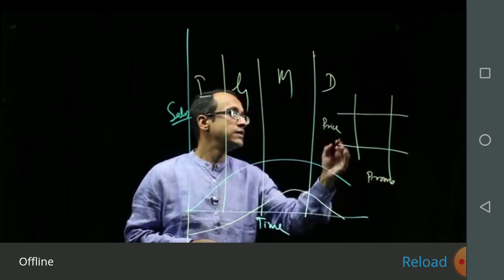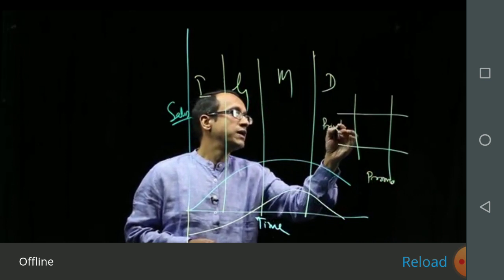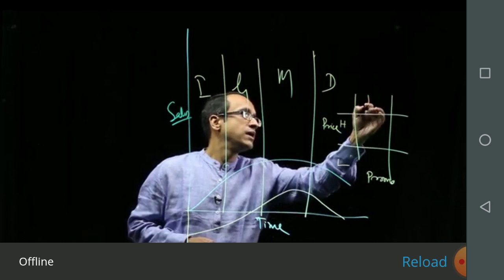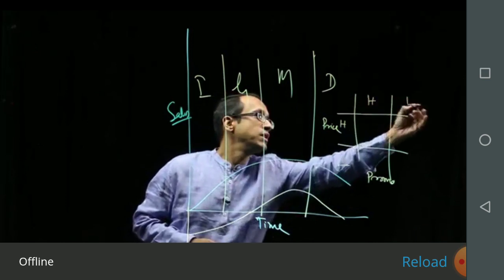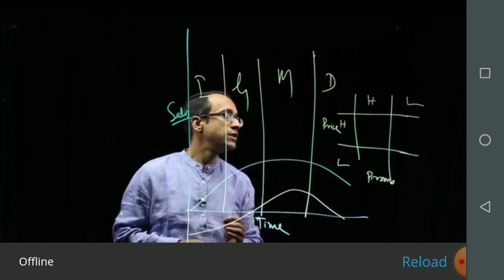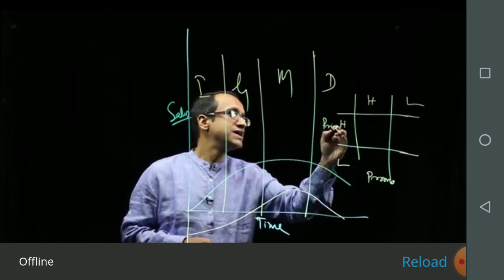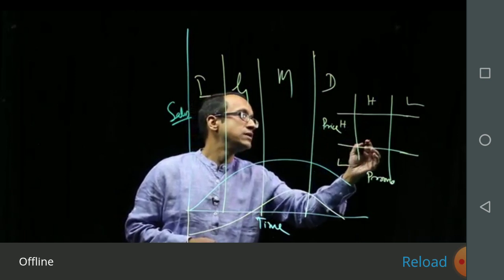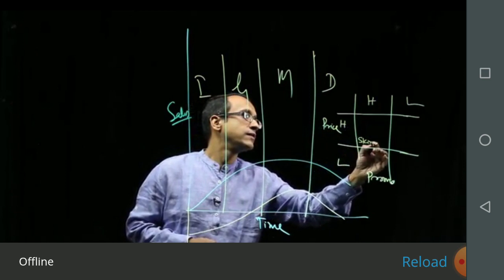Price could be high, price could be low, promotion could be high, promotion could be low. So based on this, you could be having multiple strategies. When the price is high, you call that skimming. So the strategy over here is skimming.